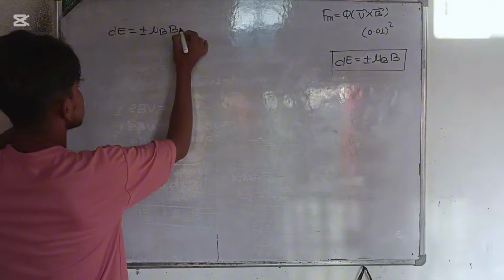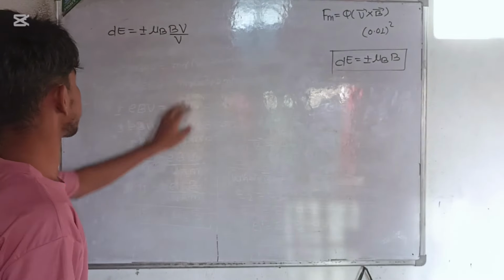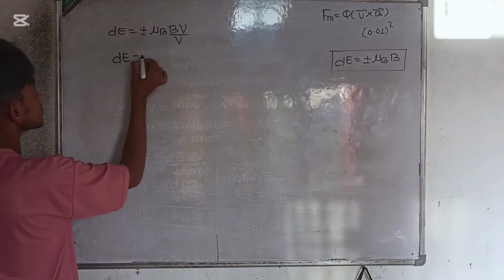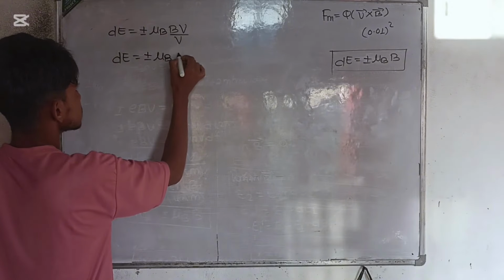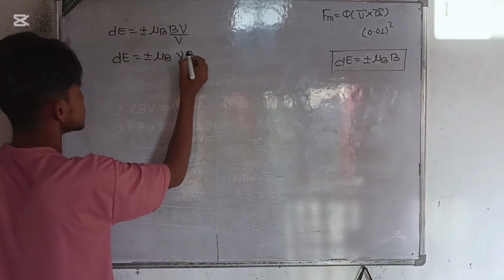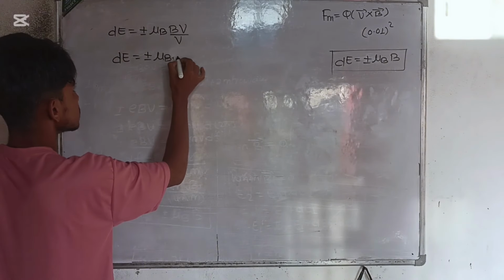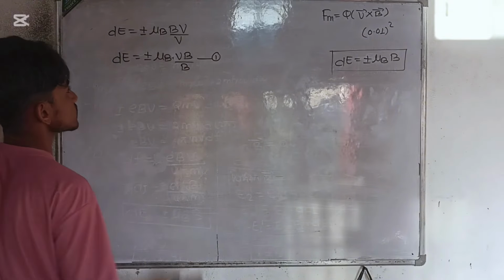So if I multiply up and down by the velocity of the electron, I will end up getting this term, and dE equals plus minus mu b VB upon V. So there will be a one term.